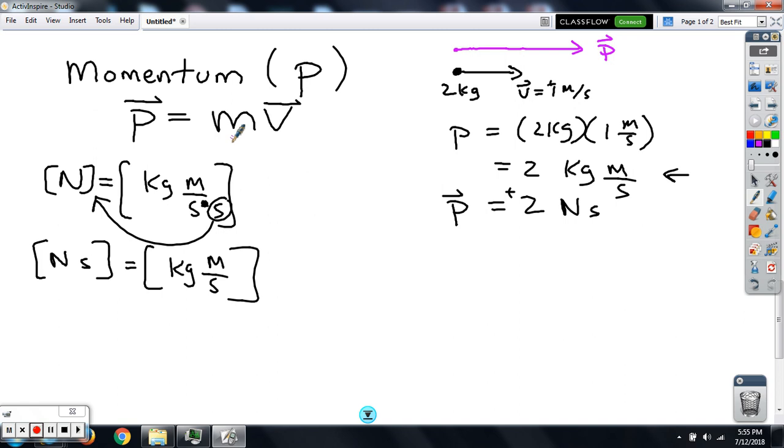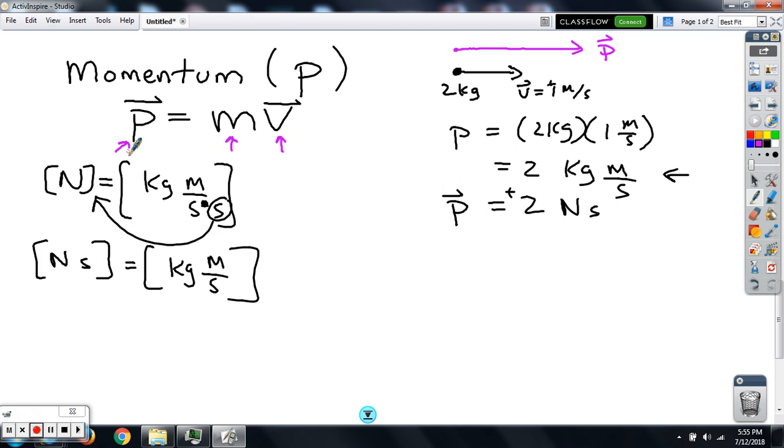The mass in this equation can't change the direction that the arrow is going to point. If you know the direction of the velocity, then you automatically know the direction of the momentum. The mass can only make the arrow bigger or smaller.